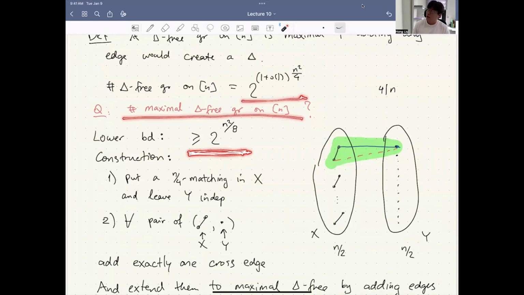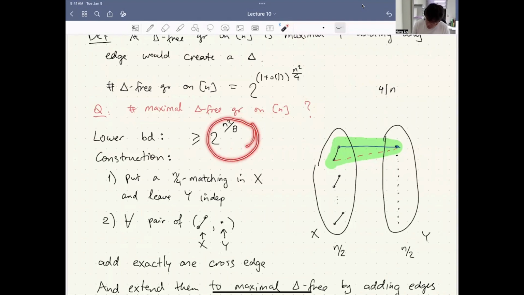So about 10 years ago, we finally know that in the power, the lower bound is closer to the truth. Asymptotically it is optimal.